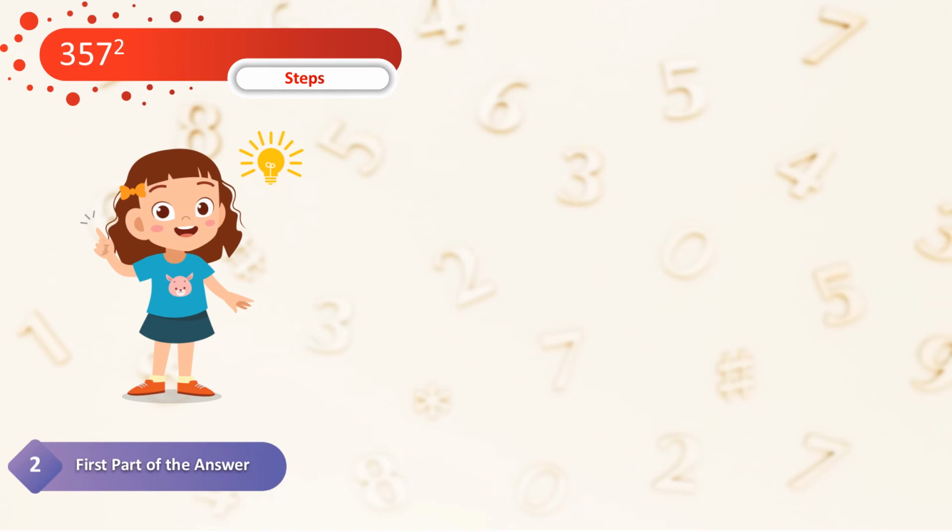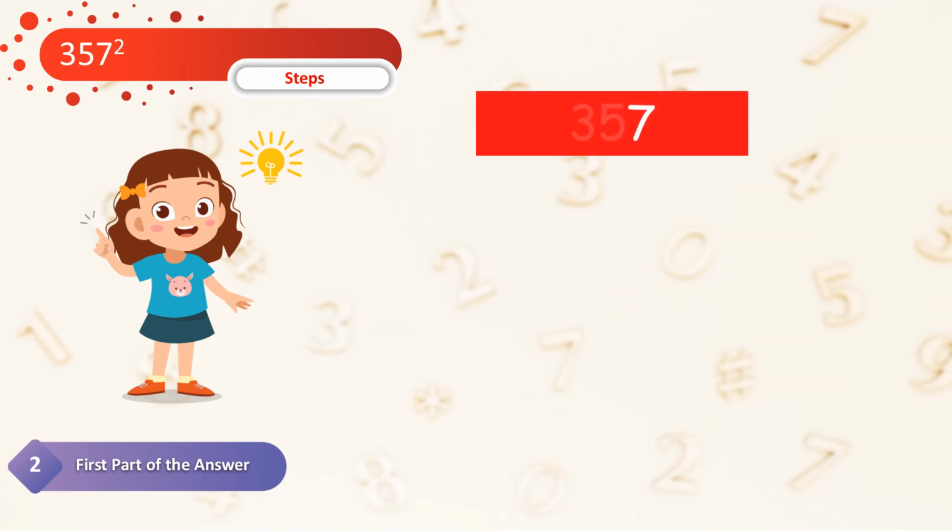In step 2, we are going to ignore the numbers 3 and 5 and take the unit digit in the number 357. We are going to take the 7 that we got in the previous step and we are going to multiply that 7 with the 7 that we have here. So 7 times 7 is 49.